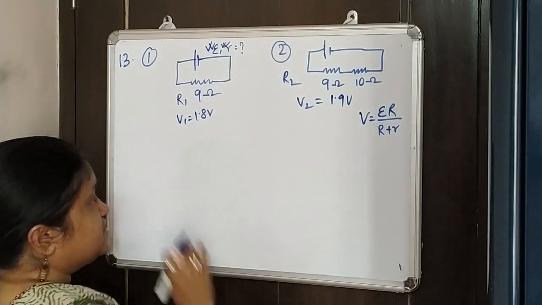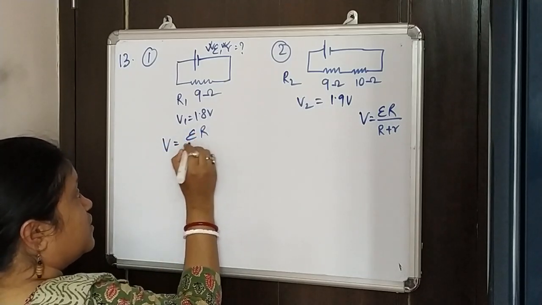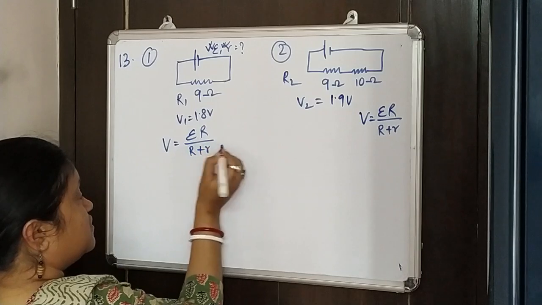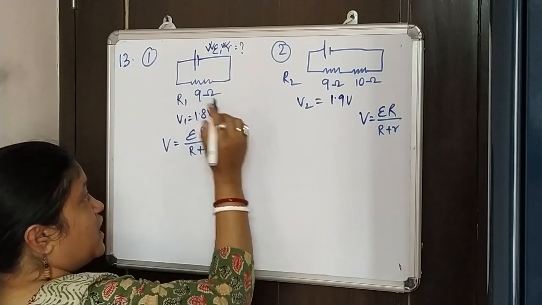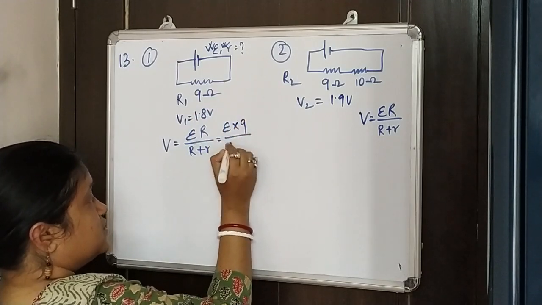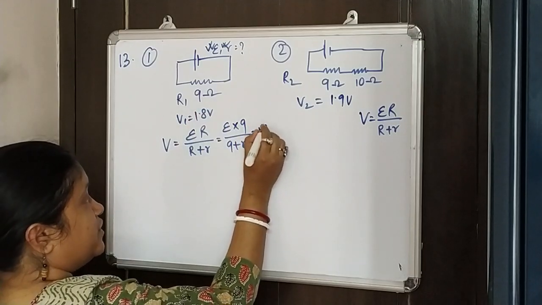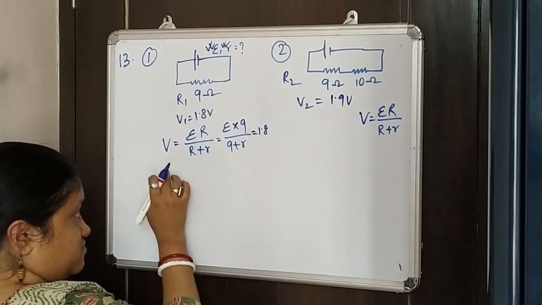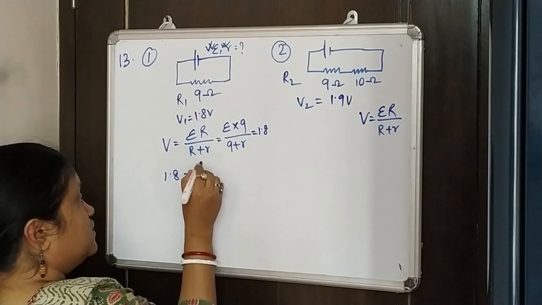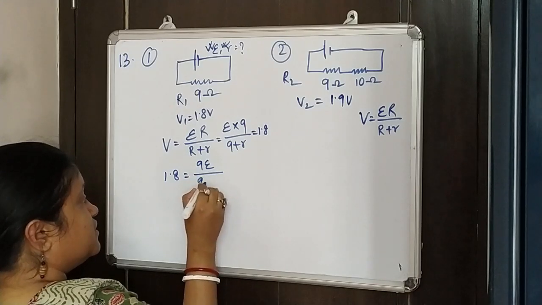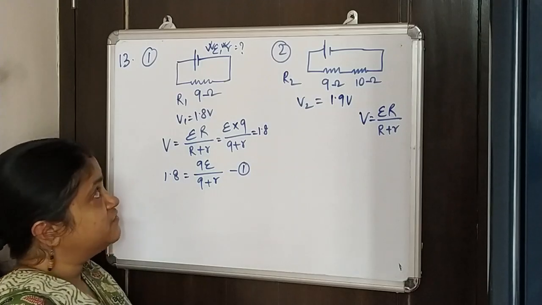So let's see, in the first case my V is epsilon R by R plus r. Substituting, epsilon we don't know, R is 9 ohm, this is 9 plus r, and this voltage is given as 1.8. So we can write 1.8 equal to 9 epsilon by 9 plus r, right? So this is my equation 1 in the first case.